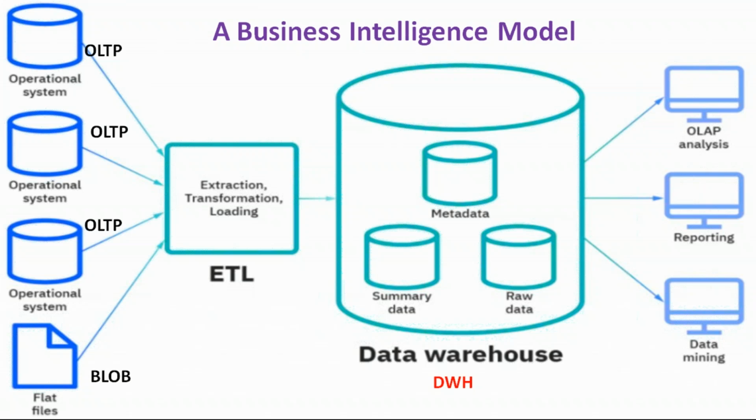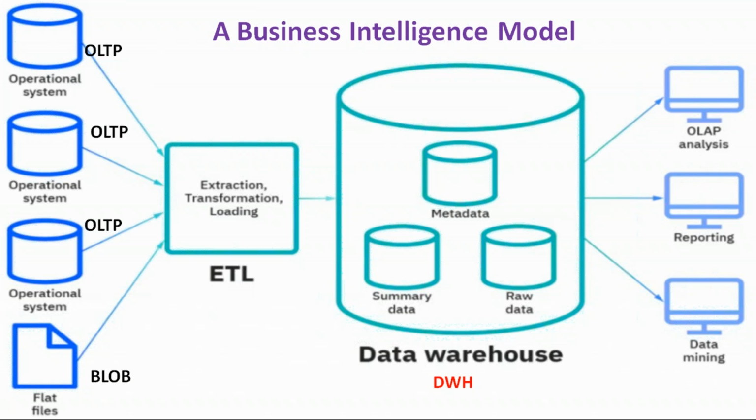We use the valet parking service called ETL. And from ETL, we get the data into the warehouse, our main repository, an unlimited big data source. From there we go for the OLAP database, online analytical processing database, reporting, etc.